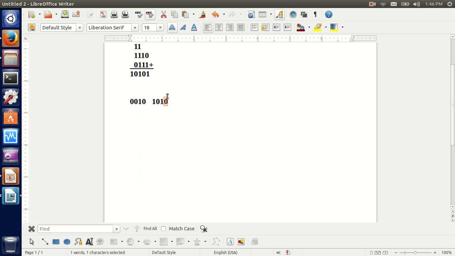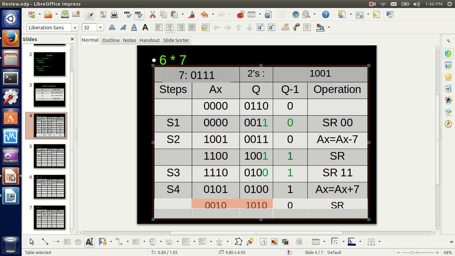This is 2 to the power 0, which is 1, 2, 4, and 8. So this equals 10 decimal, 16, 32. 32 and 10 is 42. So we got the right answer. You can check that and see.